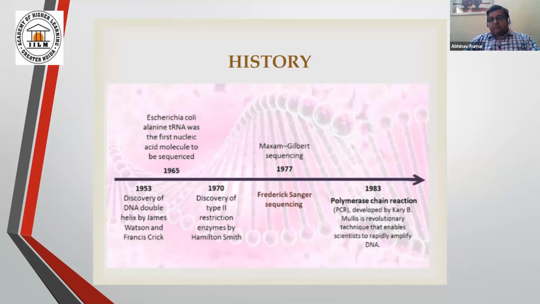And from the 90s or the start of this decade, almost all the small genomes, plants, and other, even the humans have been sequenced. In 2003, the whole genome sequencing was completed.